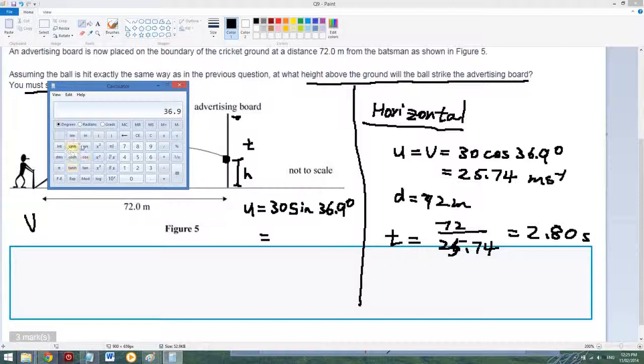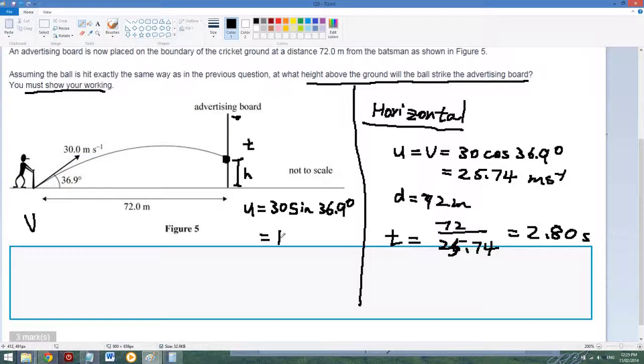Put it in my calculator. 36.9 sine and times 30. 18.0 meters per second. Okay, that's the initial velocity.